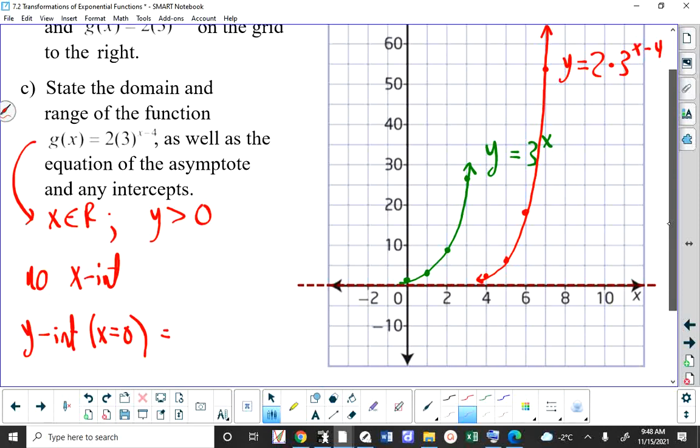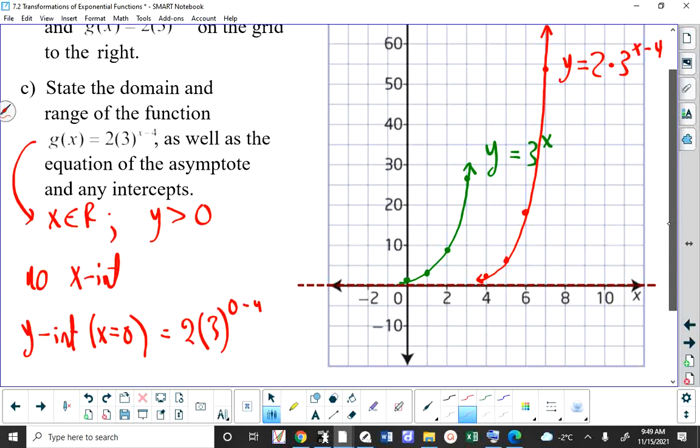We'll get y equals 2 times 3 to the 0 minus 4. So 0 minus 4 is negative 4. 3 raised to the negative 4 is 1 over 3 to the 4, which is 1/81st. It's 2 over 81. And I saw a bunch of you put it into your calculator.